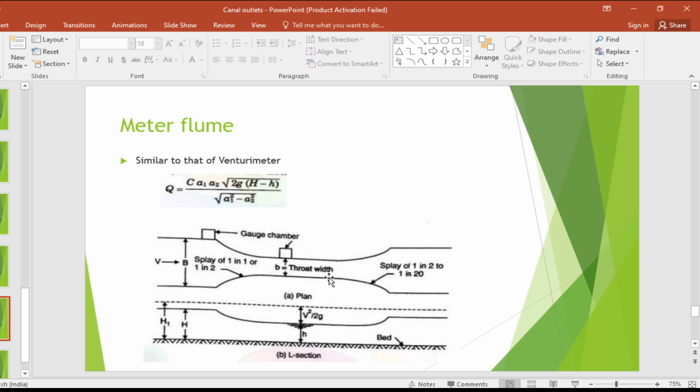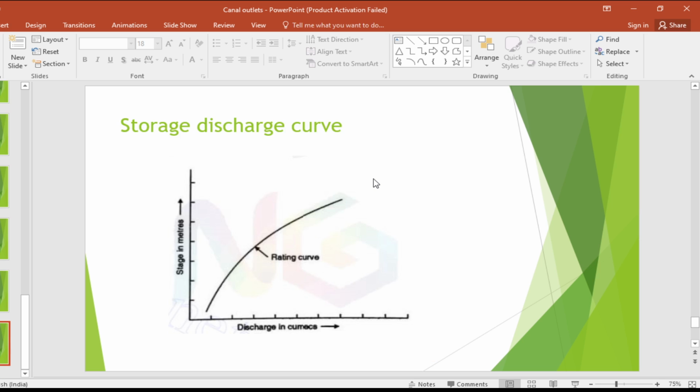So by using this meter flume, we can calculate the discharge by using the equation Q equals C A1 A2 root of 2g (H1 minus H2) divided by root of (A1 square minus A2 square), where A1 and A2 are the areas of the normal section and throat section, H1 and H2 are the depth of the normal section and the depth of the throat section, Q is the discharge and C is the coefficient of the flume. This is about the meter flume.